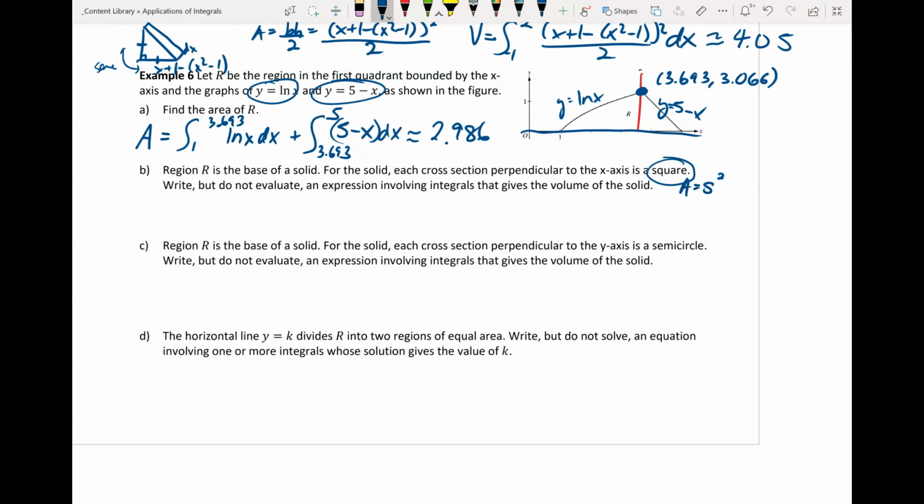So we just need to find s. Now s is going to be different depending on where we are. From 0 to 3.693, our side is going to be determined by ln x. And beyond 3.693 to 5, we're going to rely on 5 minus x to find our side.